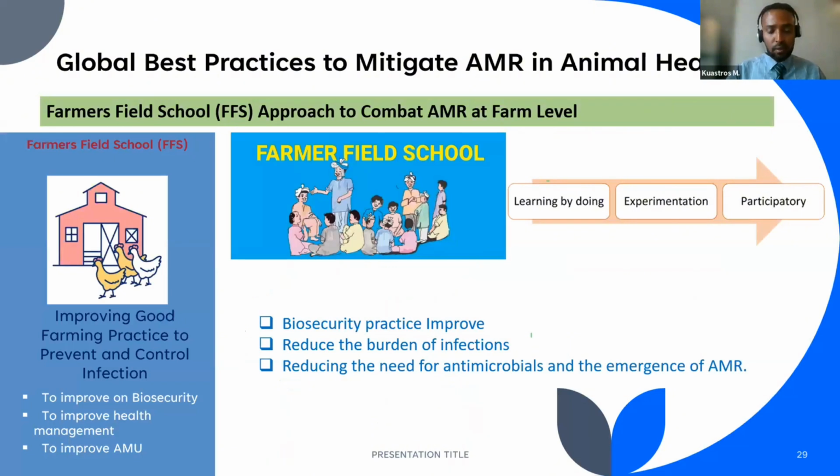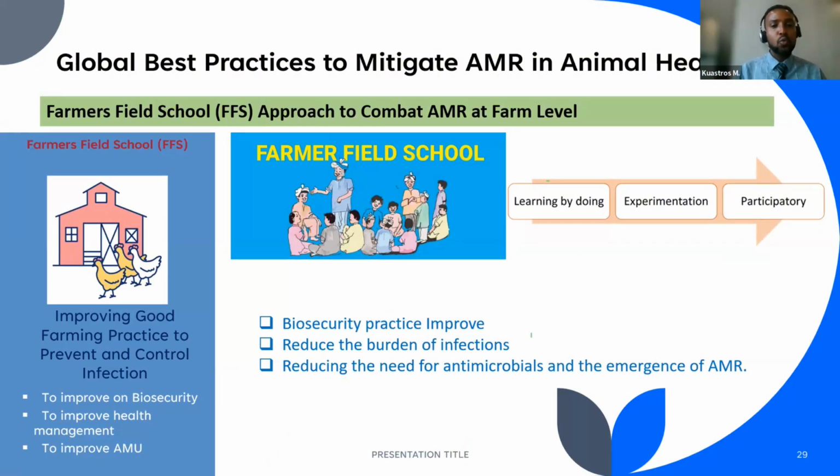So I want to discuss a very few points about the global best practices to mitigate AMR in the animal health sector. The Quadripartite is working in so many areas, particularly when I talk of what FAO is doing at the global level to mitigate AMR.